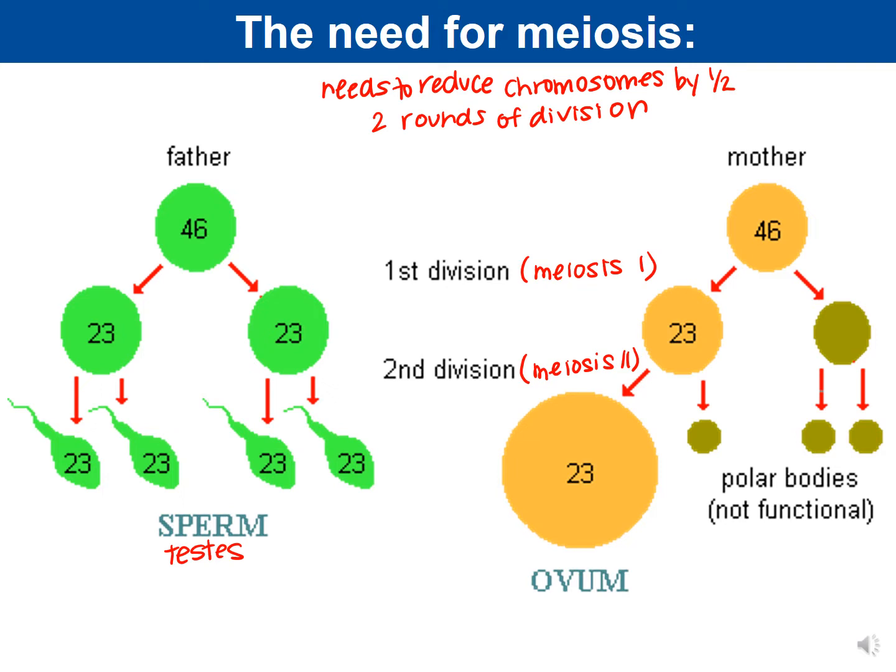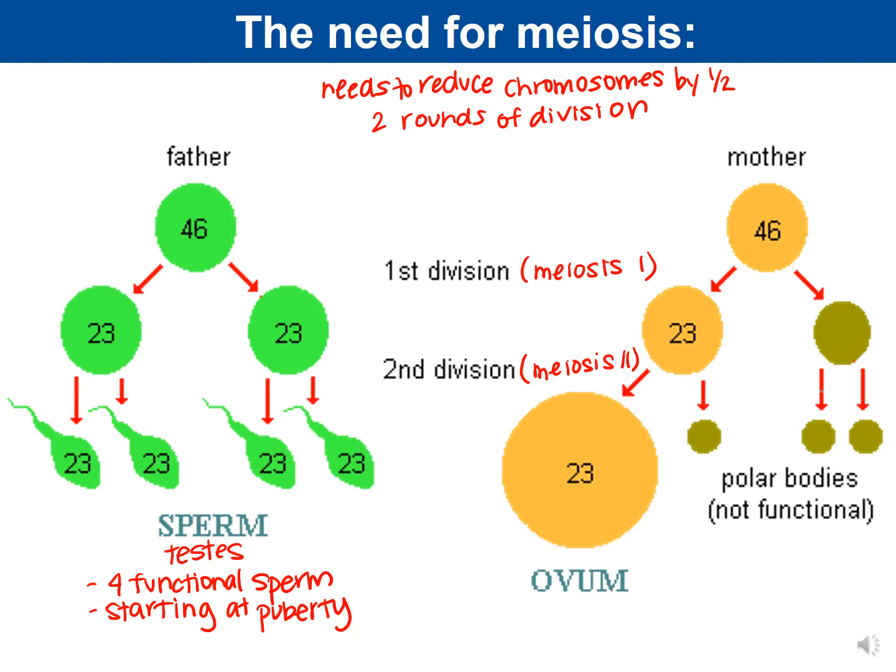But each of those cells is going to undergo a second round of division, which again is meiosis 2. And so we end up with 4 functional sperm. This process begins during puberty for males, and that's when he starts to produce functional sperm.